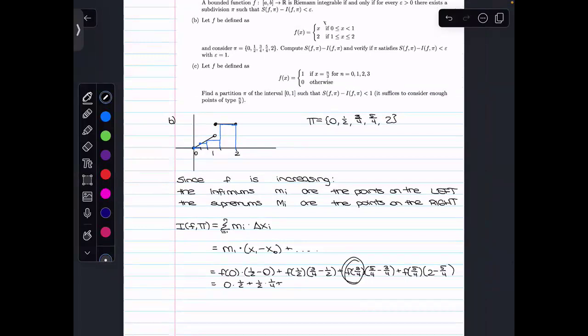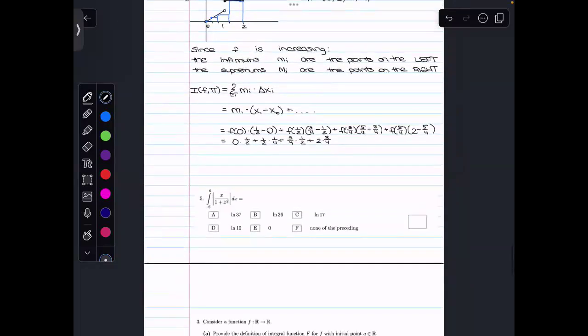Then we plug in 3/4 again into x. And then finally plug in 5/4, which now goes here. And then of course we just simplify.